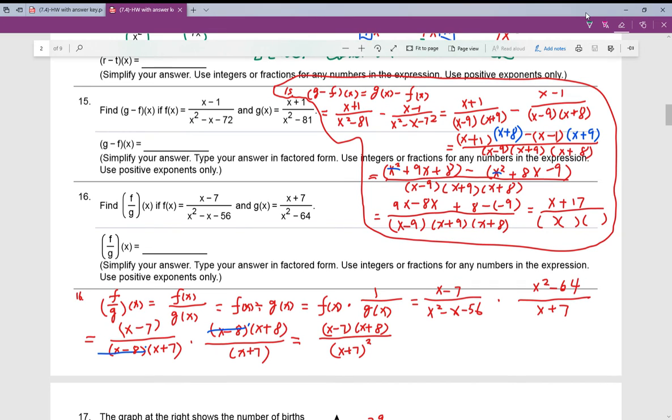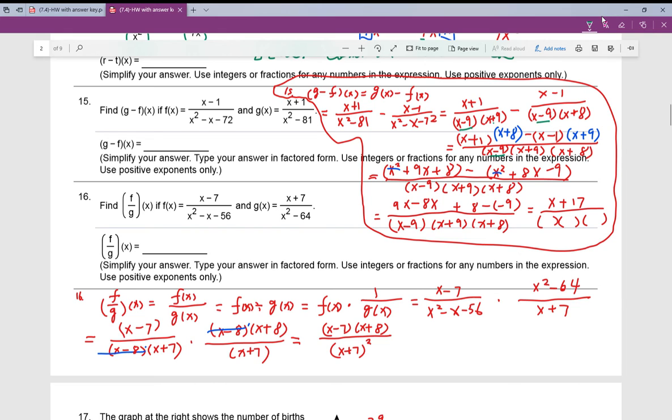Number 15, subtraction. I show my work here, it is a very long calculation, and after you subtract, you need to find the least common denominator. So let me show you, x minus 9 is already there, right? X minus 9 is already here, so when they have the common x minus 9, then there's a common denominator, one of the factors.